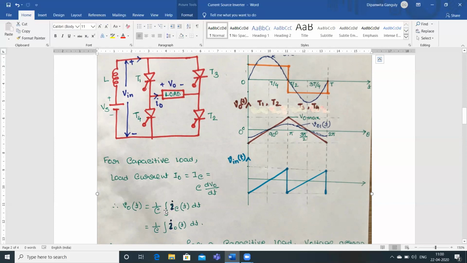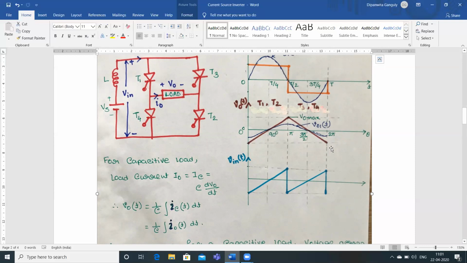So V0 we can express as 1/C times the integral of i dt. So the voltage waveform follows the integration of the output current. This is the graph of the output current, so the integration of the output current will be the output voltage graph. So this is a triangular waveform.